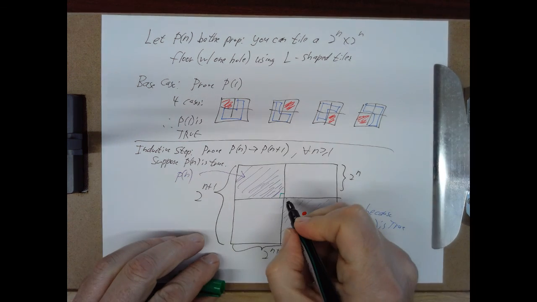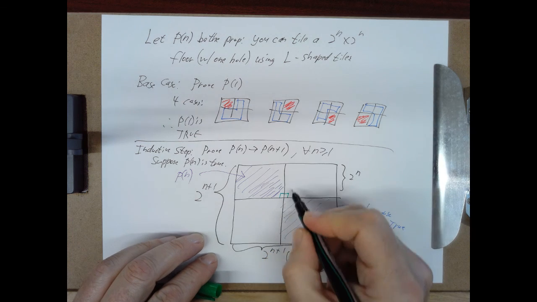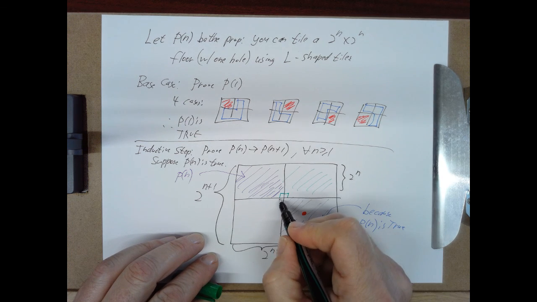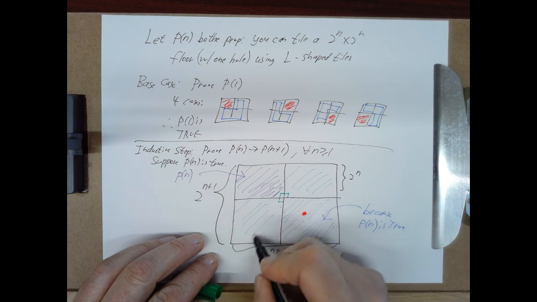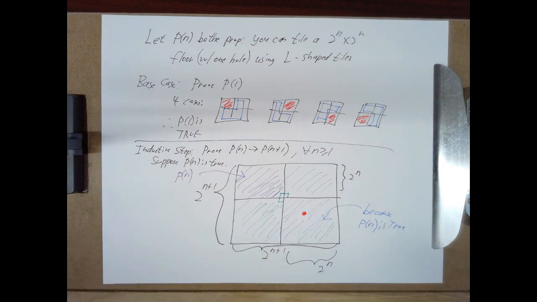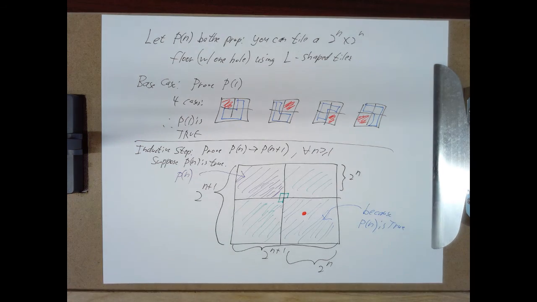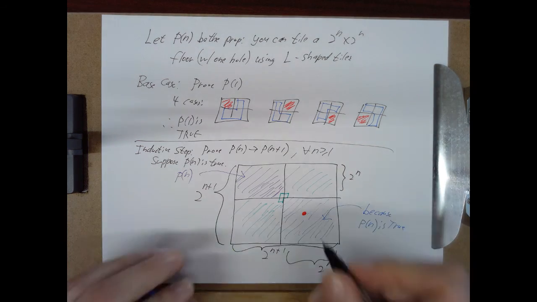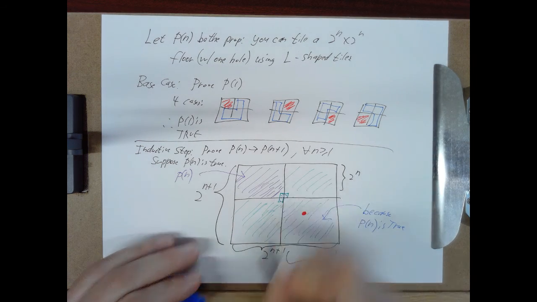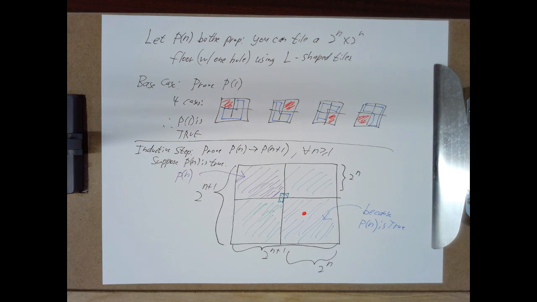And let's exclude this corner, and that lets us tile this region. And let's exclude this corner, and that lets us tile this region. And now we've covered the entire region except for this little L-shaped region of holes. And so we take one more tile and we drop it in there, and we're done. Which is what you were suggesting.